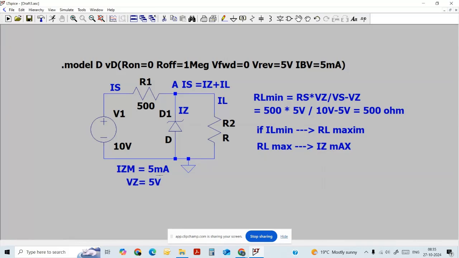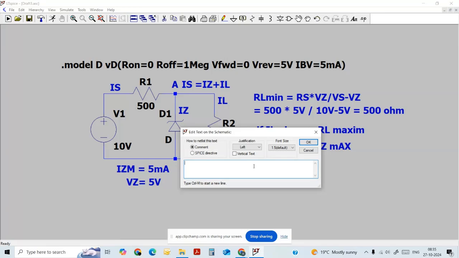If you rearrange the terms at the node A, IL is equal to IS minus IZ.